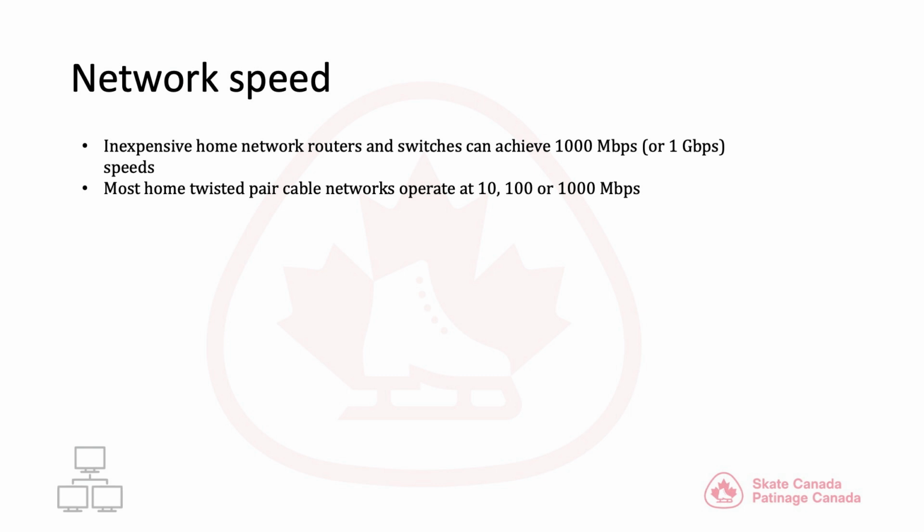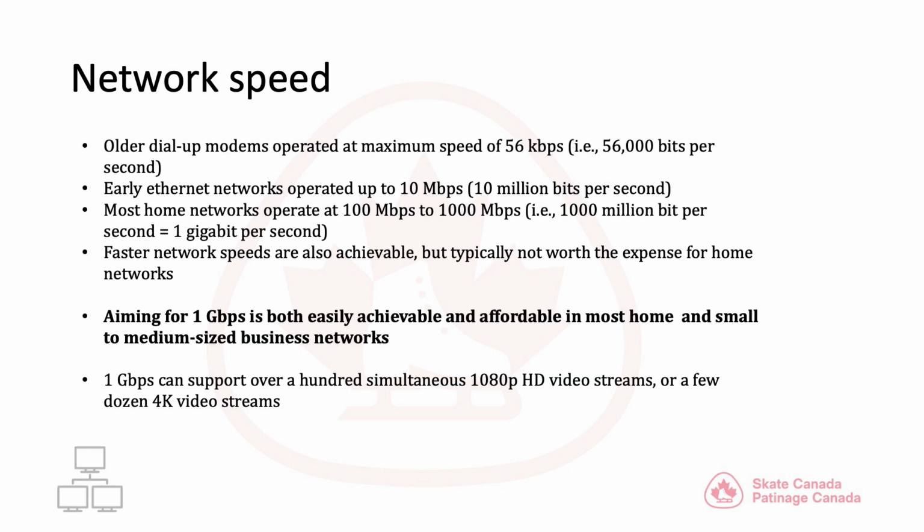Commonly, we describe these speeds in megabits per second, and most home Ethernet networks that use twisted pair cables operate at 10, 100, or 1000 megabits per second, although faster speeds are also achievable.